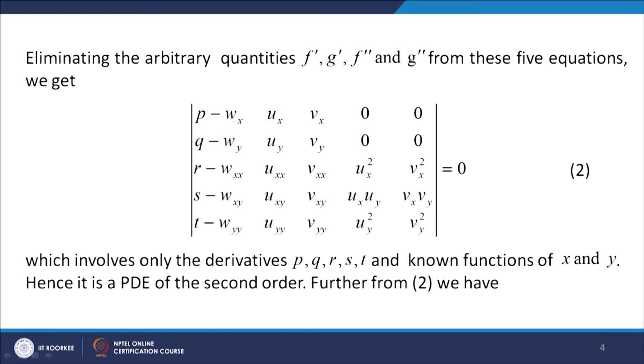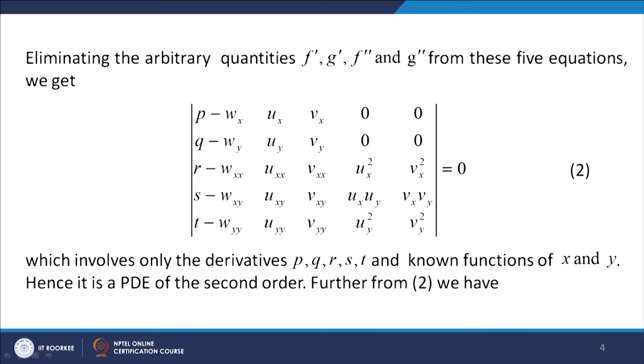Now, this determinant involves only the partial derivatives p, q, r, s and t and known functions of x and y. W is known to us, u is known to us, they are functions of x and y. So their partial derivatives ux, vx, uy, vy, wx, wy, then second order derivatives uxx, vxx, uyy, vyy, wxx, wxy, uxy, vxy are all known to us. So what we do is we expand this determinant by the first column.